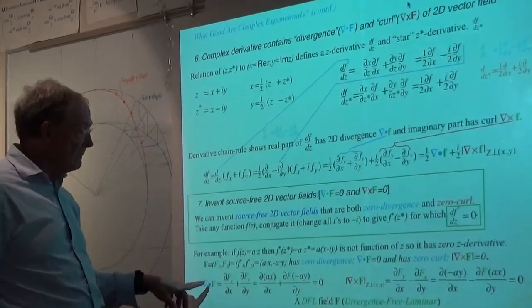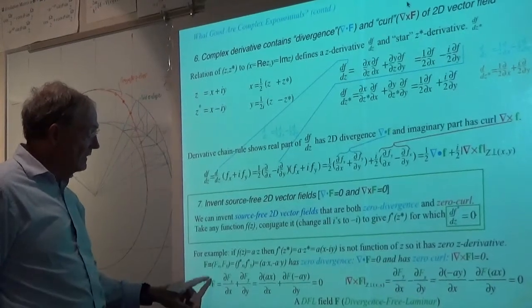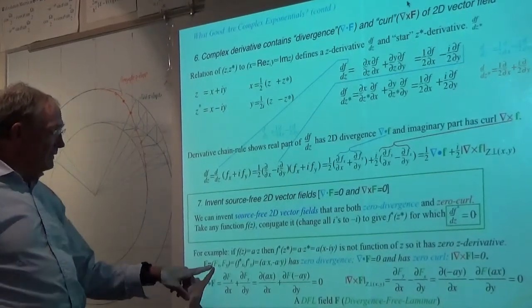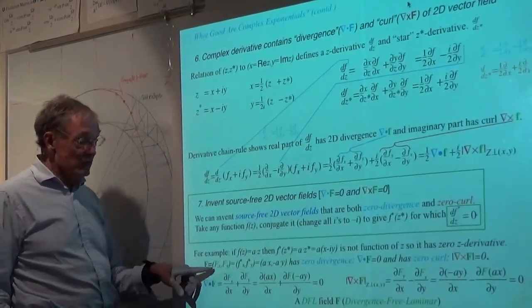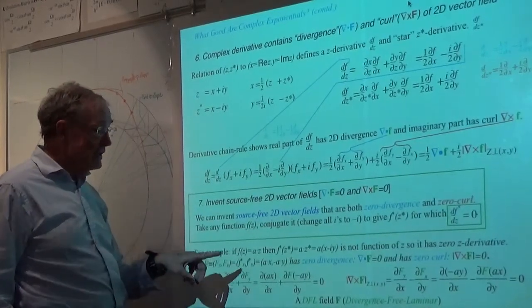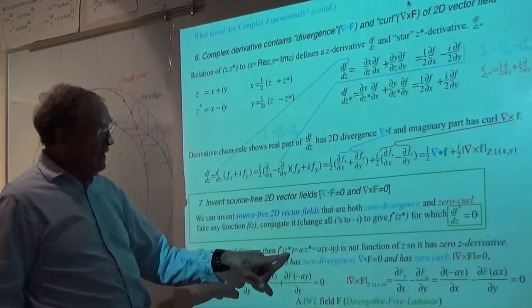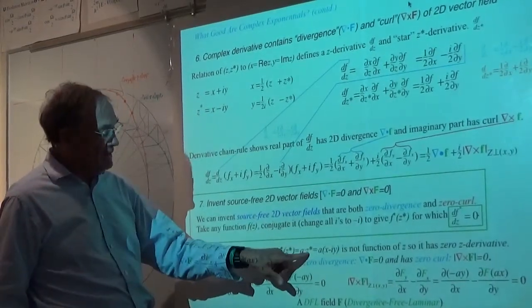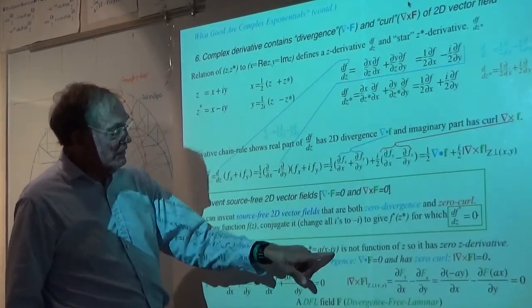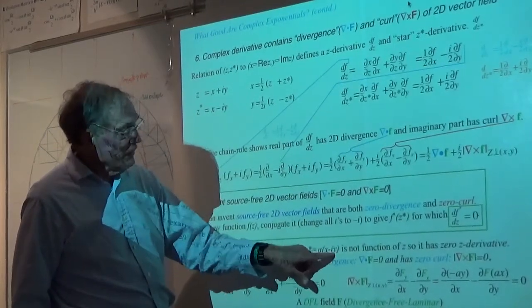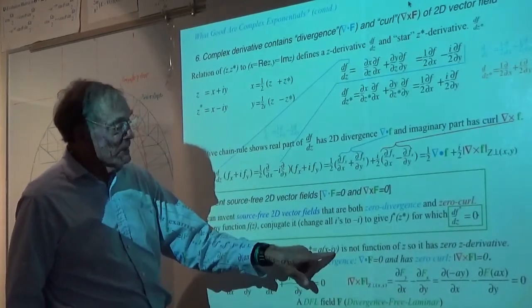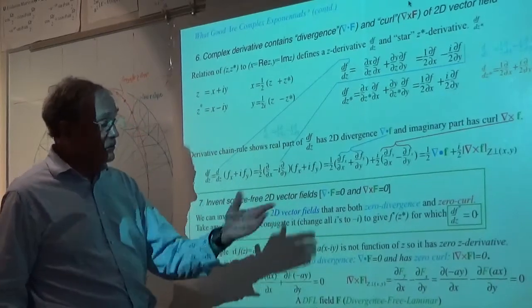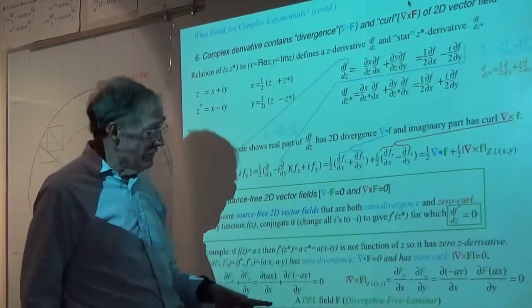It's telling me that if I take the divergence of the vector field that I get from this, now you see what I did is I took z star. I replaced the z with z star. That means I replaced the z with x minus iy. And the idea is, check very quickly that I don't have any divergence or curl.